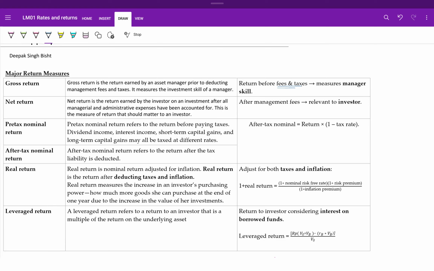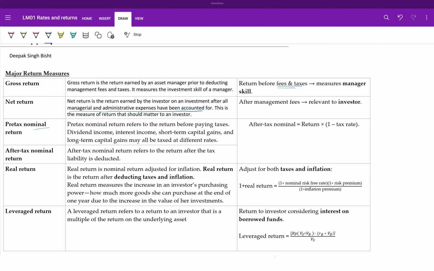And when we talk about net return, out of our gross return, we are accounting for managerial and administrative expenses. This means we are subtracting our managerial and administrative expenses from our gross return. Since we have not accounted for taxation, this is also the pre-tax nominal return.